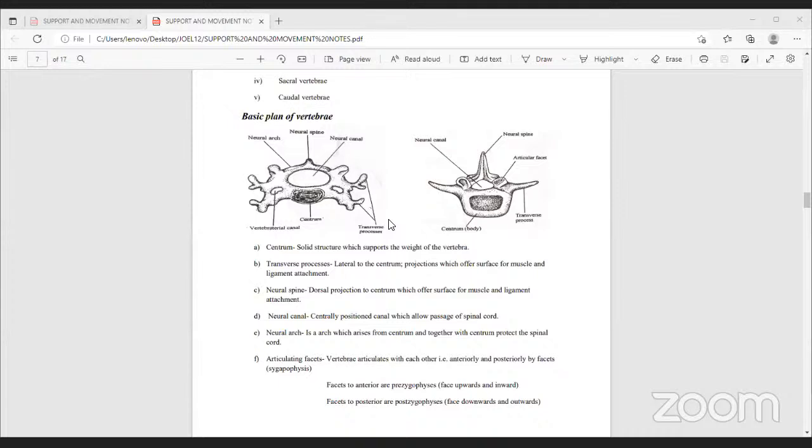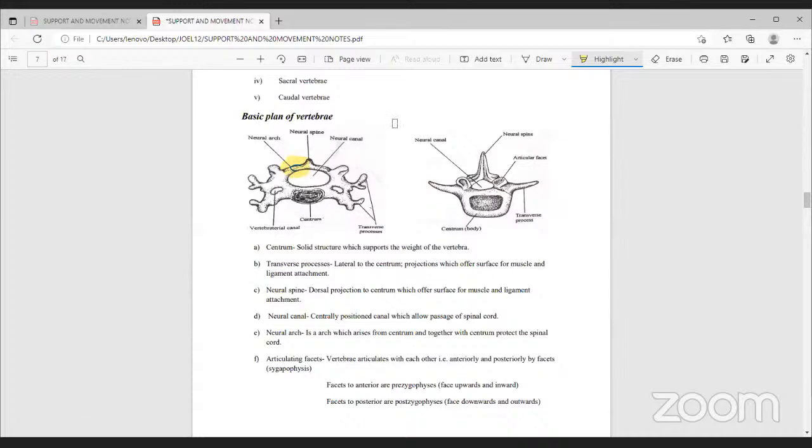Then we have the neural arc. This is the neural arc, if you can see where I'm placing my cursor here. This one here is the neural canal. Here, that is the neural arc. Again here, you can see we have the neural arc.